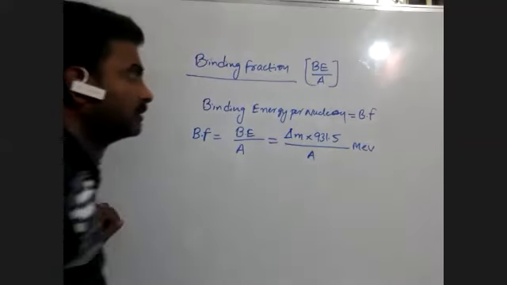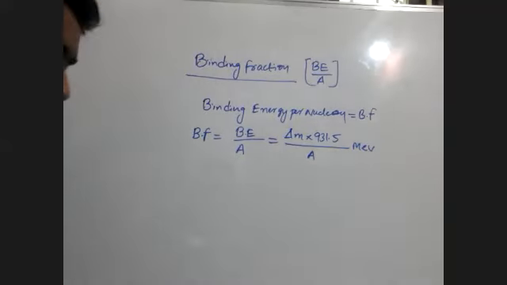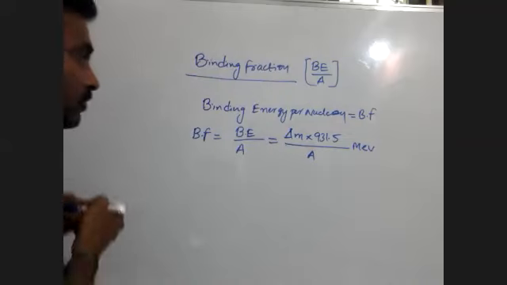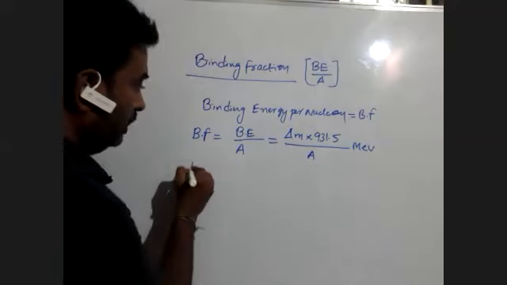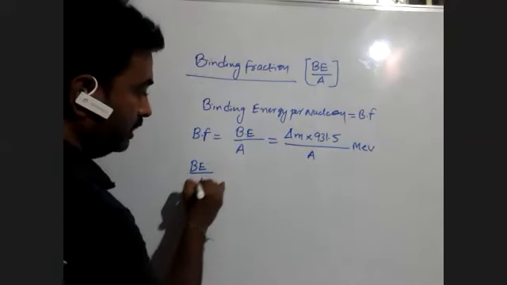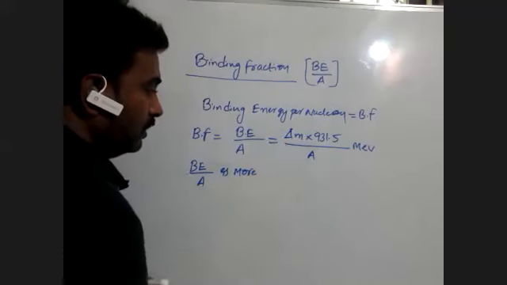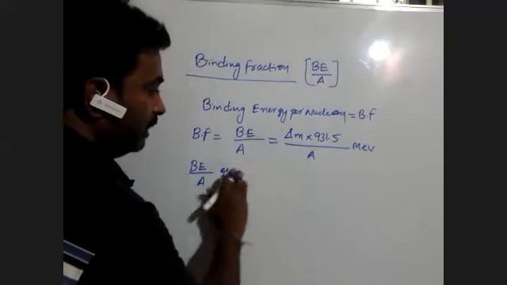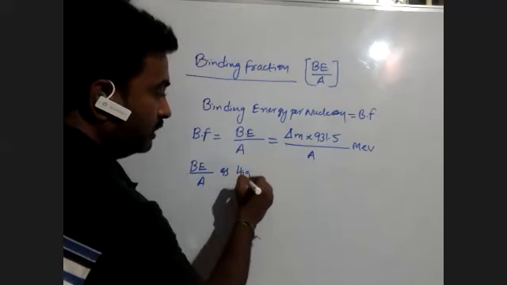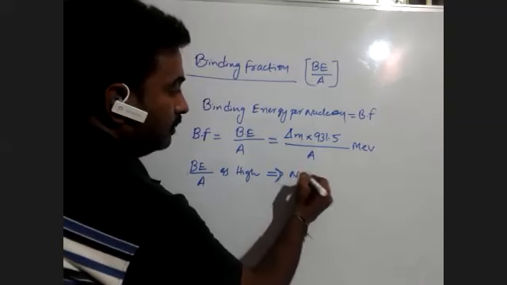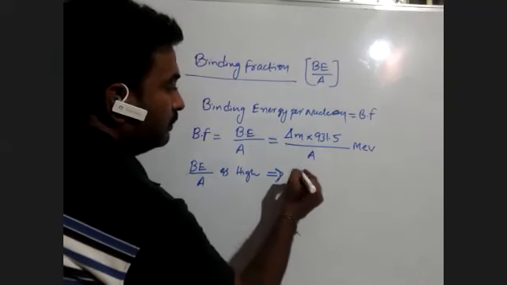This is binding fraction, or binding energy per nucleon. If binding fraction, Be by A, is more or high, this implies the nucleus is stable, highly stable. This implies stability is high.